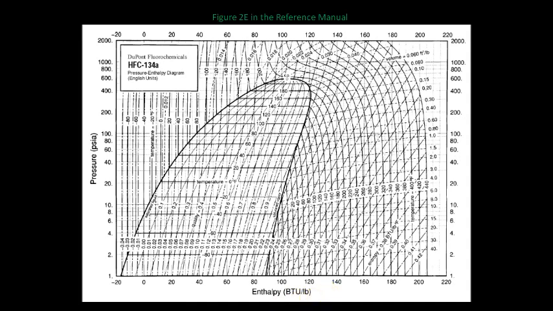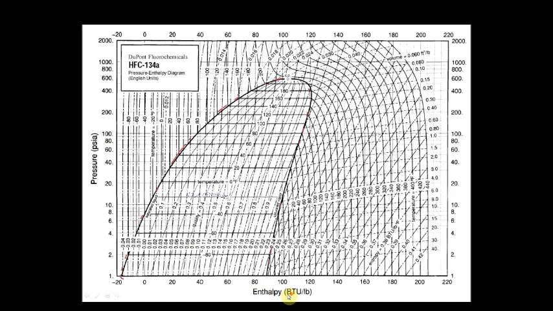So now this is in the English units, where we have pressure in pounds per square inch, absolute, referencing enthalpy as BTU per pound. If we start, we have our vapor dome shown here, and this is similar to your pressure versus enthalpy diagram in figure 10.2 in your textbook.